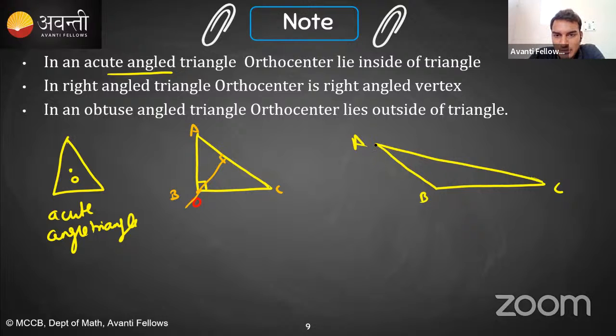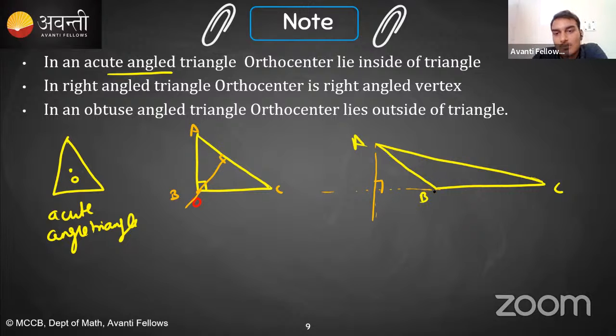If I draw a perpendicular on ABC, I have to extend it from A, so it will be like this. Yes or no? So you can be very sure that the orthocenter will be on this line only, and this line is clearly outside of the triangle, right?